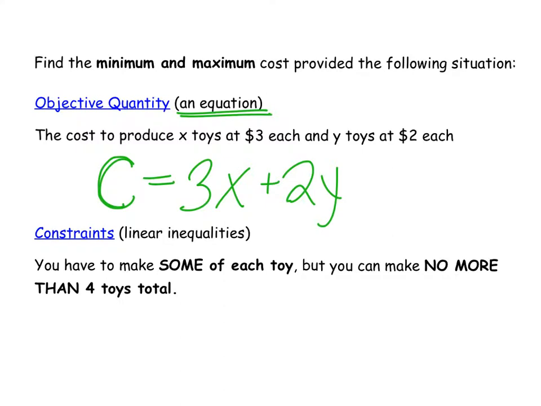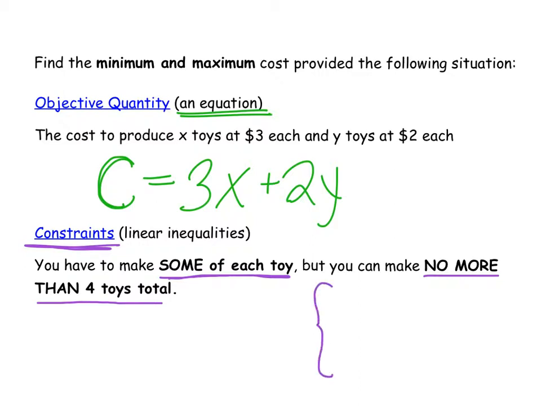We're going to optimize this objective quantity. However, to do so, we have to have some constraints to follow. So this company that's producing these toys also said, you have to make some of each toy, but you can make no more than 4 toys total.